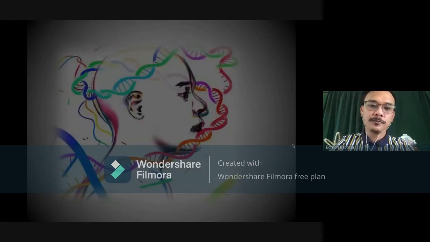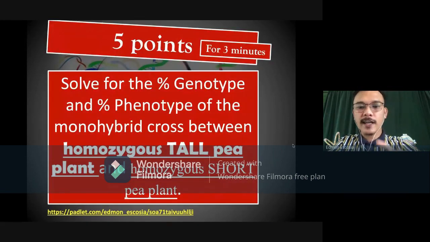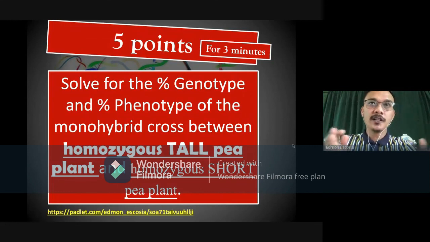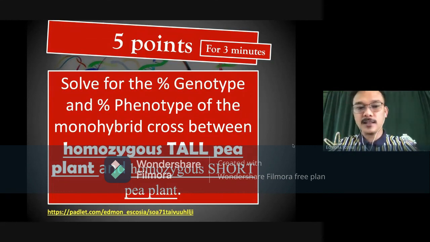So you are asked to cross a homozygous tall plant and a homozygous short plant. Again, we already defined homozygous, meaning you should have the same set of letters, the same capital or the same small letters. You will only use a different set of letters if you are describing a heterozygous trait.